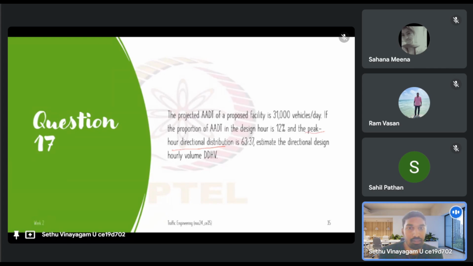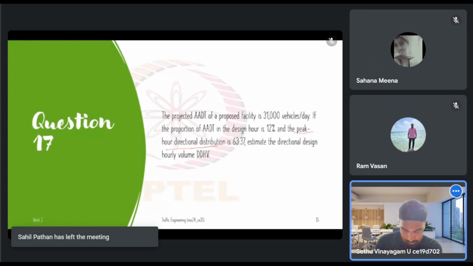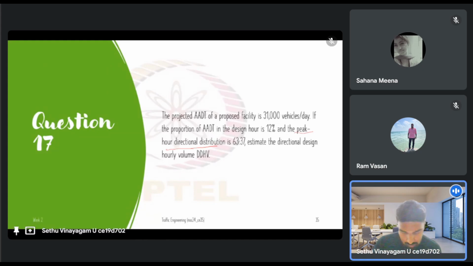Any answer? I think this is straightforward, right? Sorry, this is the K factor, this is the D factor, but it doesn't matter. 12% is a K. This is the directional split.